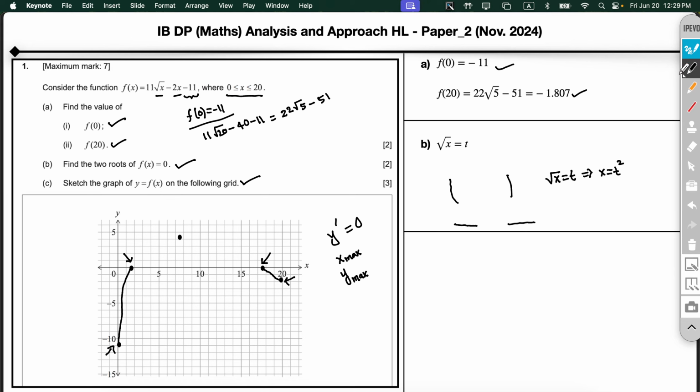So now we can complete the sketch roughly like this, where this is x max, comma, f of x max. So let me just quickly go through those numbers.